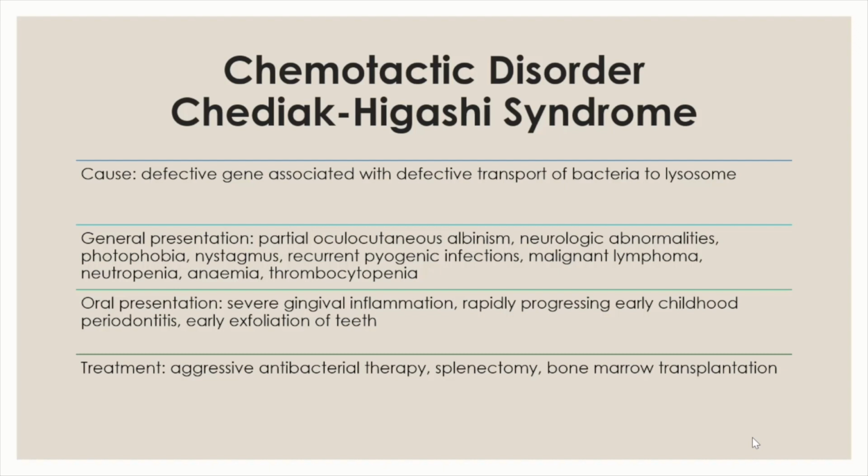The oral presentation is usually severe gingival inflammation with a rapidly progressing early childhood periodontitis with early exfoliation of teeth. Treatment is mainly aggressive antibacterial therapies, splenectomy, and bone marrow transplantation.